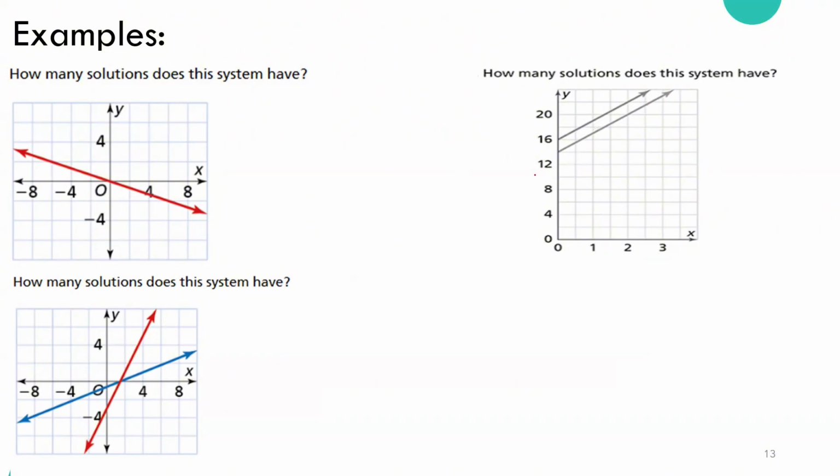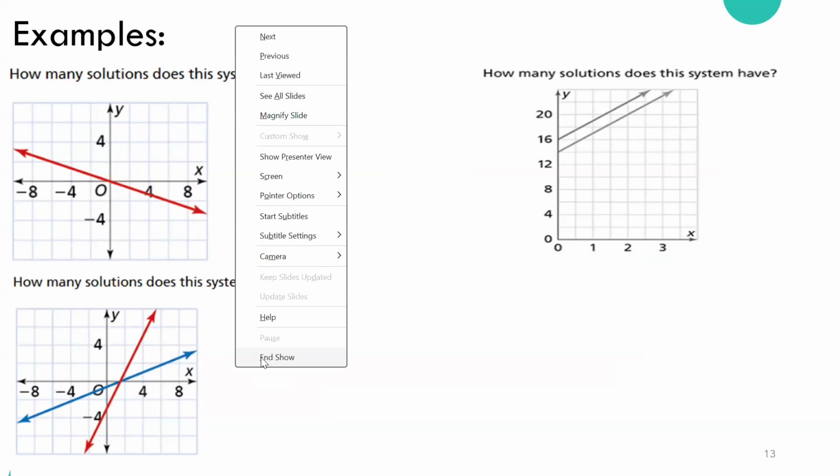A pair of parallel lines means no solution. And once they intersect at a point, it has one solution. And that is how you determine the number of solutions for a system of linear equations using a graph and by looking at the equations themselves.